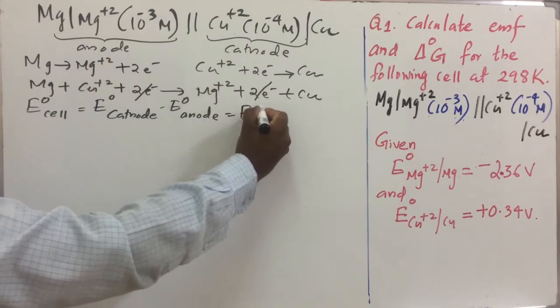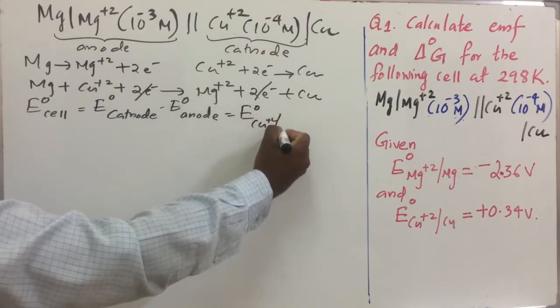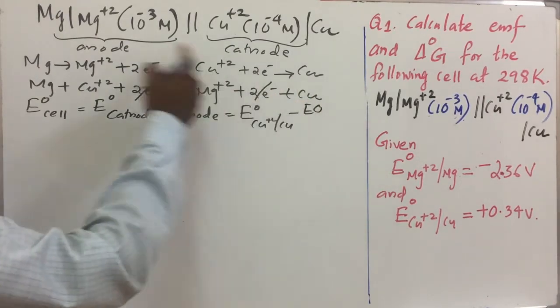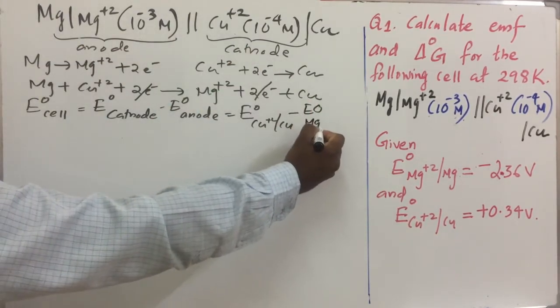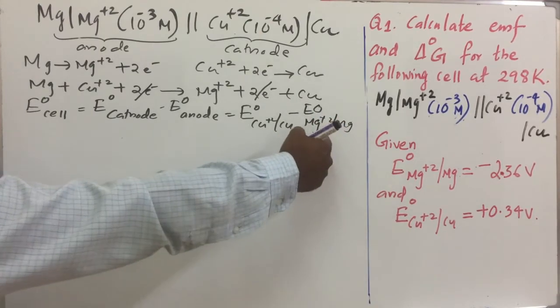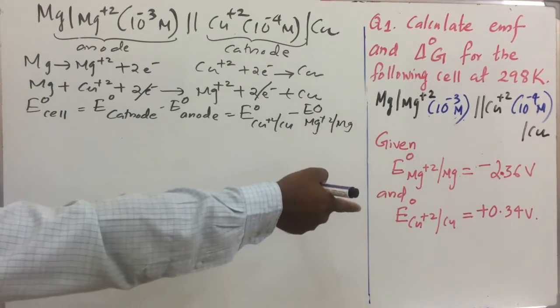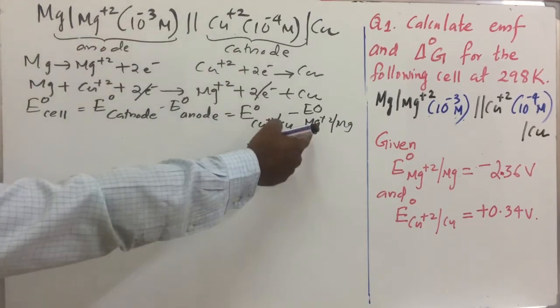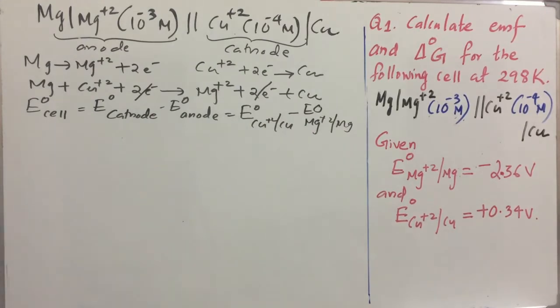So E0 Cu+2 | Cu minus E0 Mg+2 | Mg. Mg+2 is what? Oxidation, but we are taking only the reduction potential value.